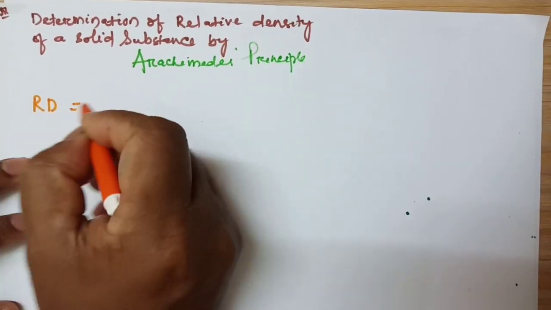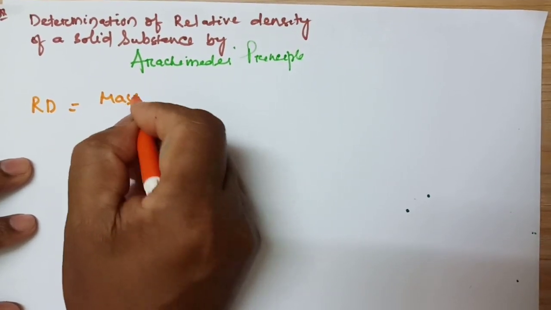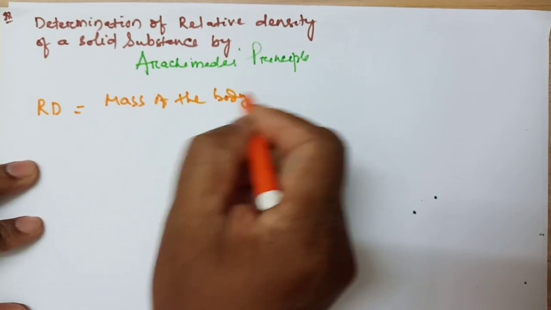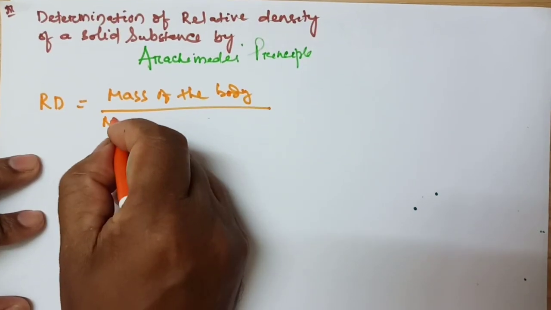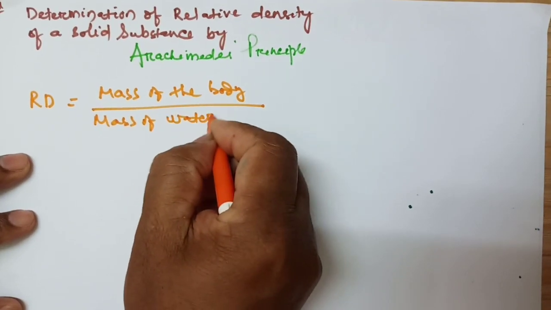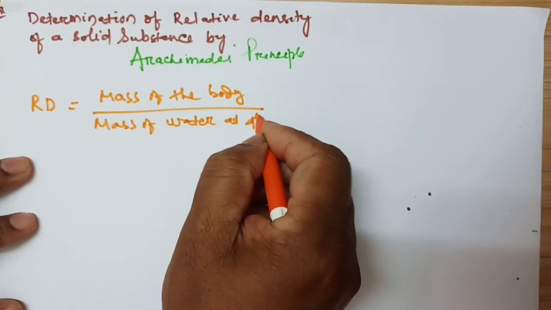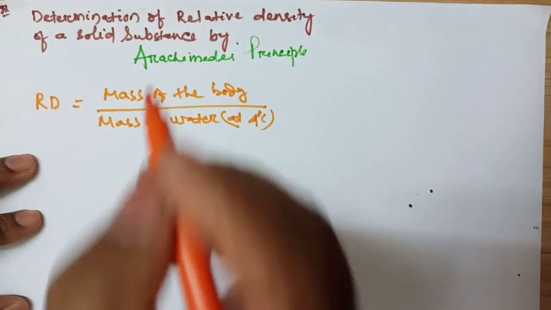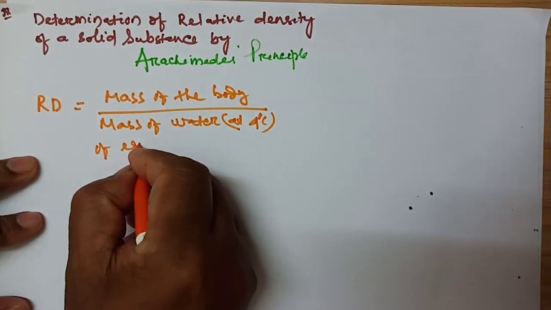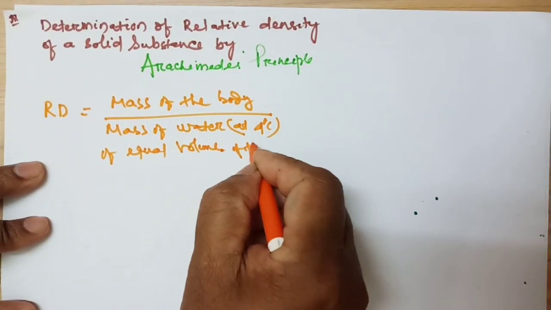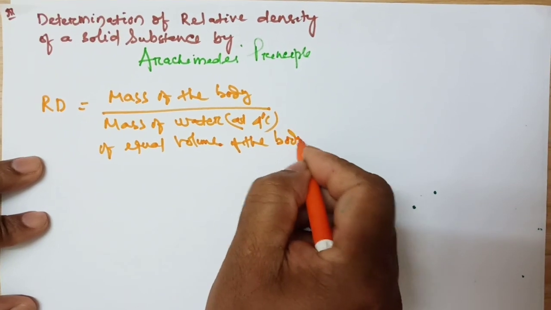Relative density is mass of the body by mass of water at 4 degrees Celsius of equal volume to that of the body.